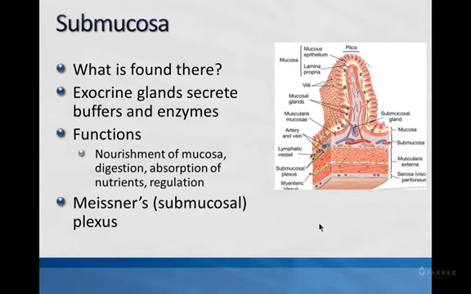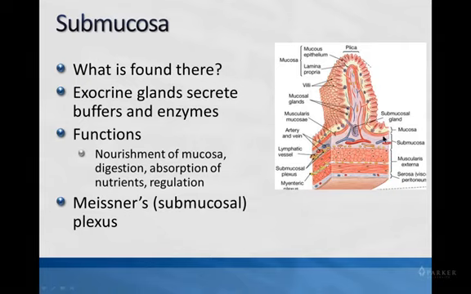The GI tract has its own specialized nervous system, and the Meissner's plexus is in control of secretions. Its primary role is to control GI secretions. As you'll notice, it's right below the submucosa where you have some glands. So it controls secretions, and it also plays a little bit of a role in controlling blood flow. Okay, so that's also what it does.